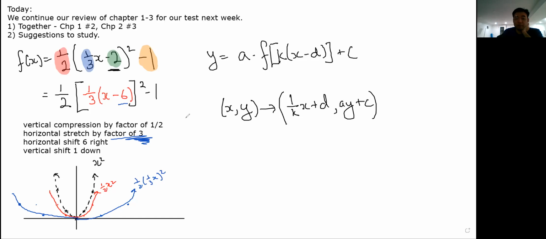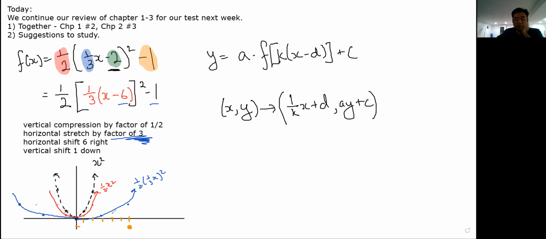From there, move to the right by 6 and move down by 1. I'm just going to jump it because I think I can count the dots carefully. 1, 2, 3, 4, 5, 6, and 1 down. Here's my vertex.